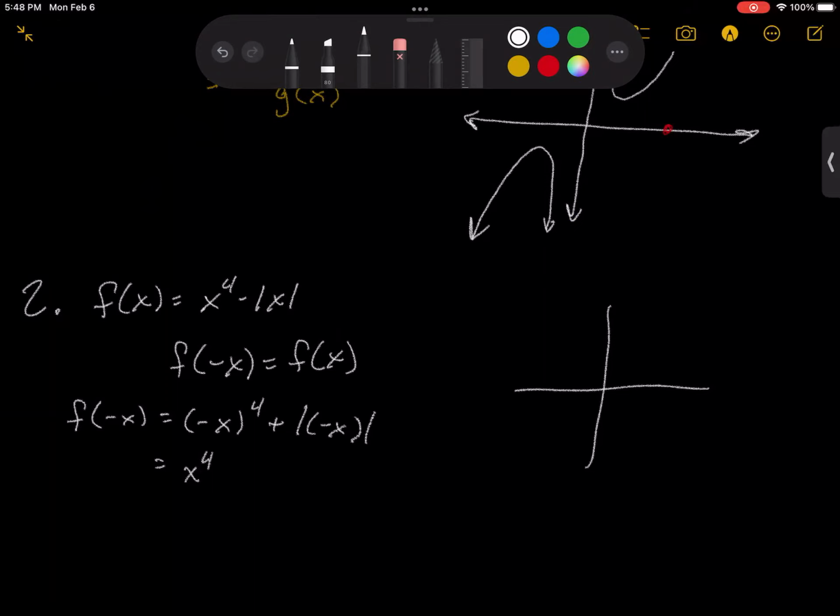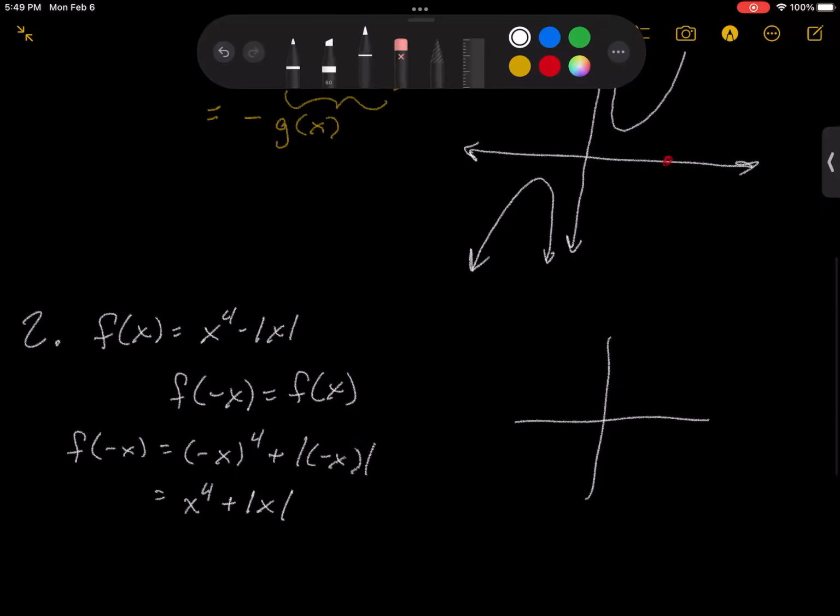Right, for the same reason, I can distribute that 4 to the -1 and the x separately, -1 to the 4th, the negatives cancel and you're left with a positive, right? You're taking a negative to an even power, so it's guaranteed to be positive. In this term, the absolute value, by definition, returns the magnitude of the value, or the absolute value. So the second term becomes just plus absolute value of x.